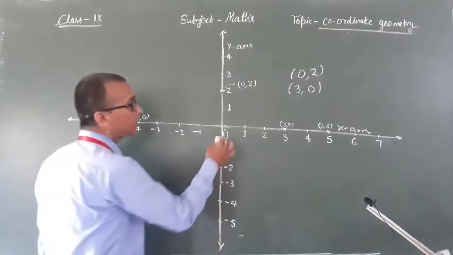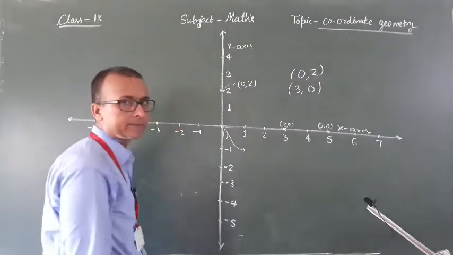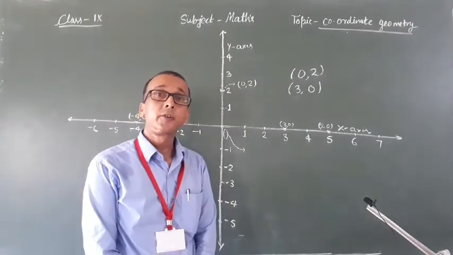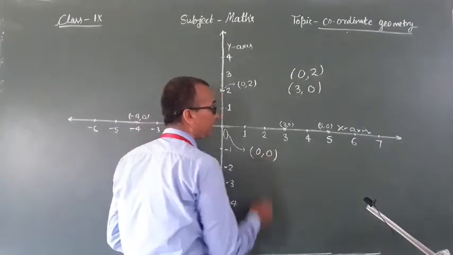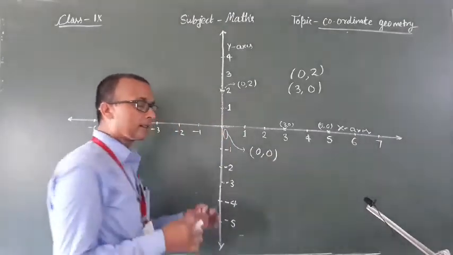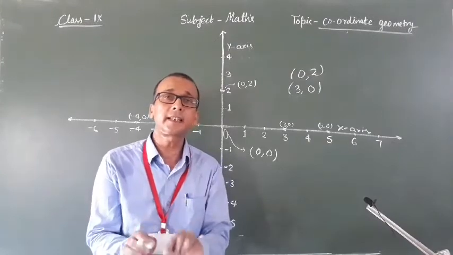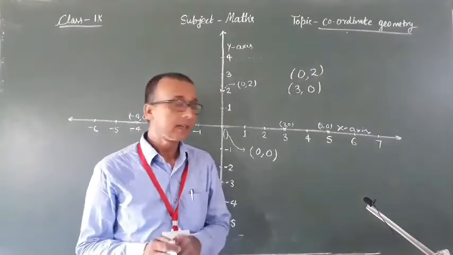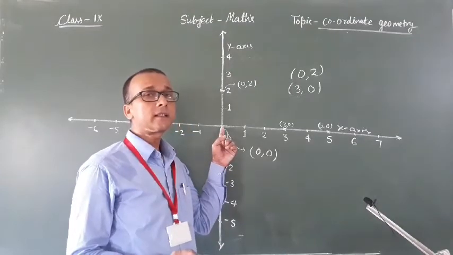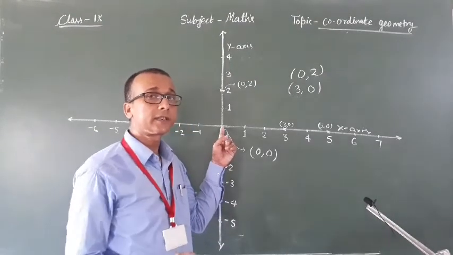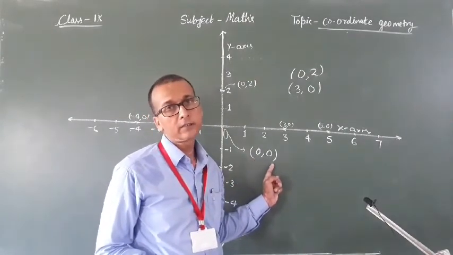Similarly, the notation of the origin is (0, 0), because these two lines mutually intersect at their zeros. The point of intersection is the origin, and it is denoted by (0, 0).